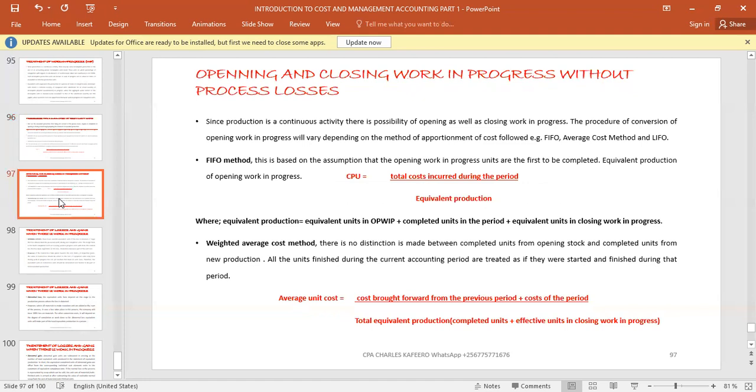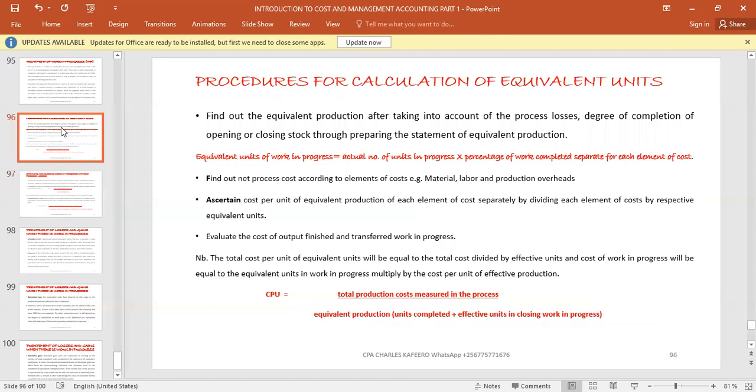The next one we are going to be looking at in the next video is how we treat the opening and closing work in progress with the process losses. I'm not going to go into that, but at least I gave you a hint on how those are treated. But let's first try and understand and analyze these so that we'll be able to understand where we are going before we reach more and more complicated numbers.